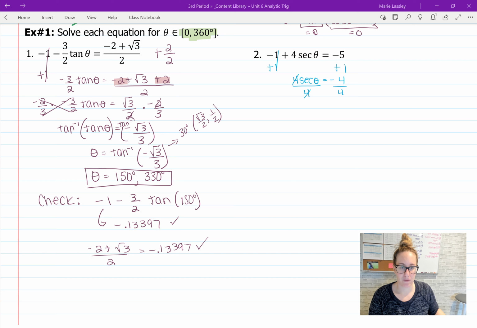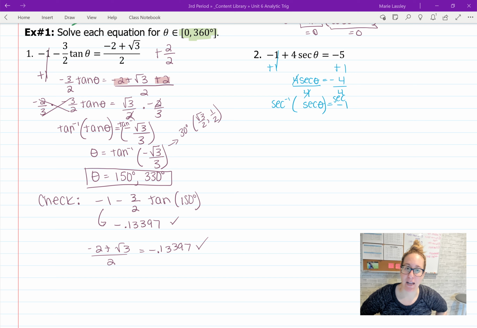Now we can do inverse secant of both sides to get theta by itself. That leaves us with theta equals inverse secant of -1. So now we have to think about for what angles I have a secant value of -1. I'm looking at my unit circle.